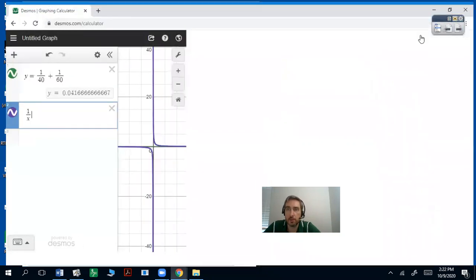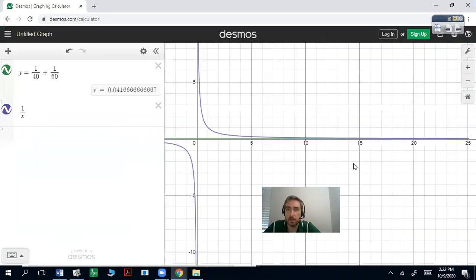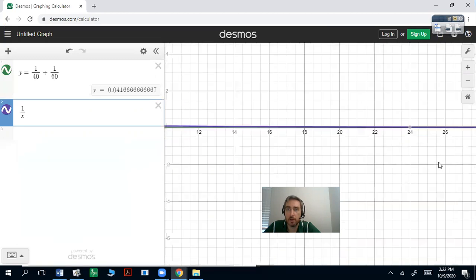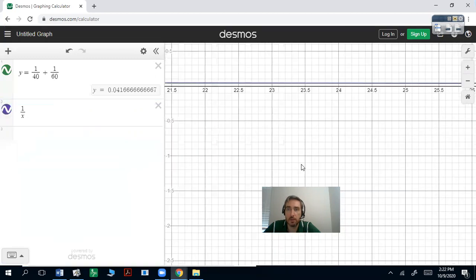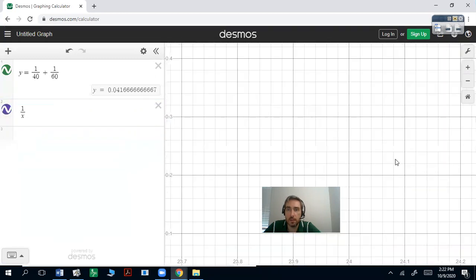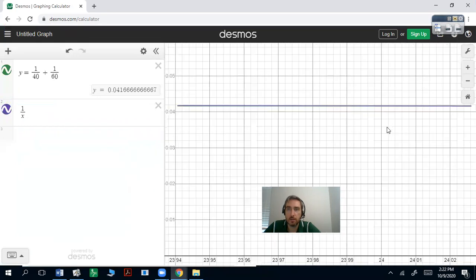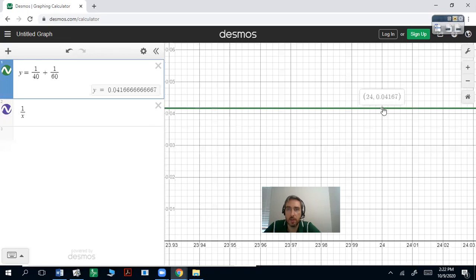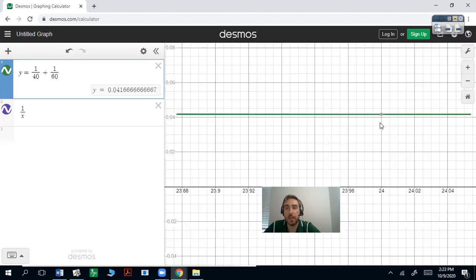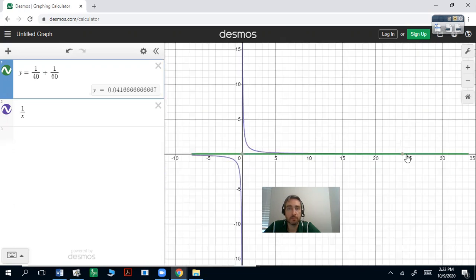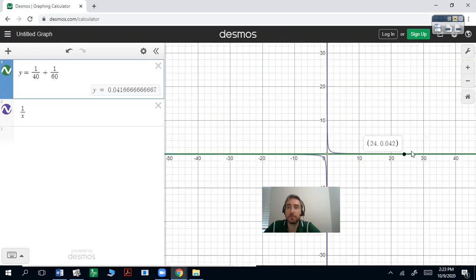And we're going to see where those graphs intersect. Right there at 24. I know it's kind of hard to see here, but if you zoom in a little bit, you can see. Well, you can't really see, but they only cross each other at 24. Ever so slightly, the green graph goes above it here, but that is their point of intersection.